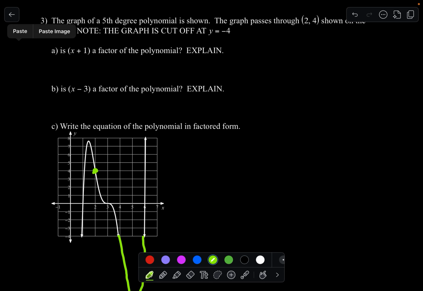All right, so they say, first of all, is x plus 1 a factor? All the zeros are given here. There's a zero there, there's a zero there, and there's a zero there, at 1, 3, and 6. Notice, if the factor is x plus 1, that means it has to have a zero at x equals negative 1. All the zeros are shown. It doesn't have one. So is x plus 1 a factor? No, it is not.